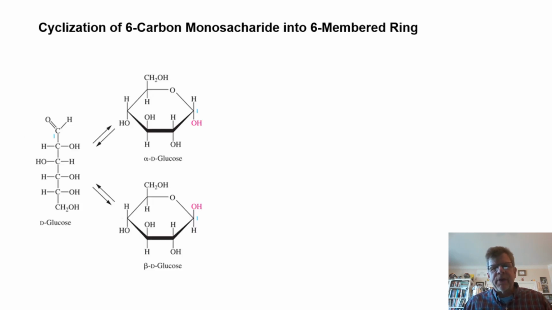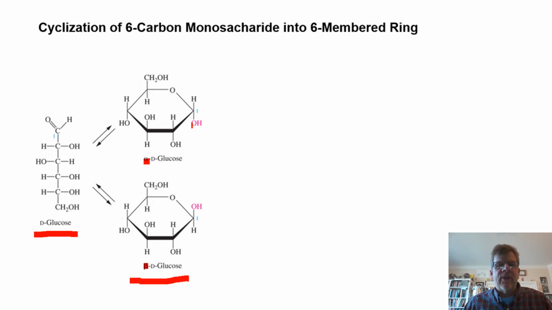Let's loop a couple of things in here. The first one is that here on this structure that we're showing on the left-hand side, we have our standard Fischer projection in which we show that it can indeed be cyclized into two different anomers. One is the alpha anomer and one is the beta anomer.